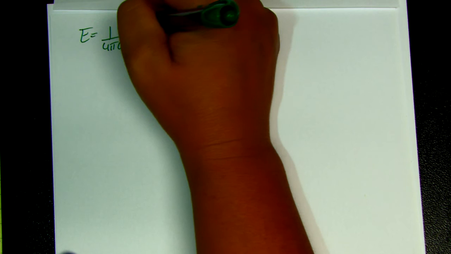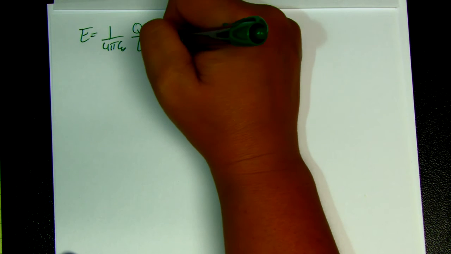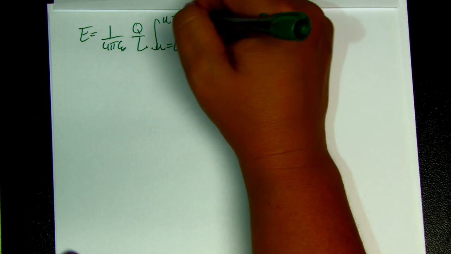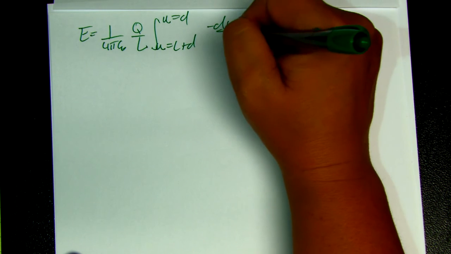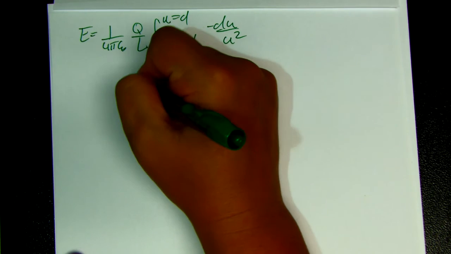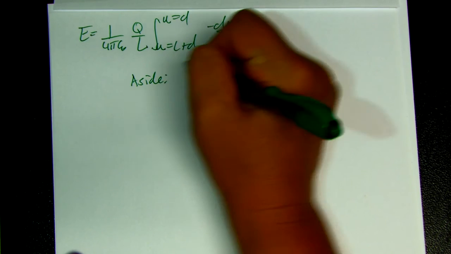So then our integral becomes 1 over 4 pi epsilon naught, q over L, integrated from u equals L plus D to u equals D, of minus du over u squared. And then let's just look at just the argument.